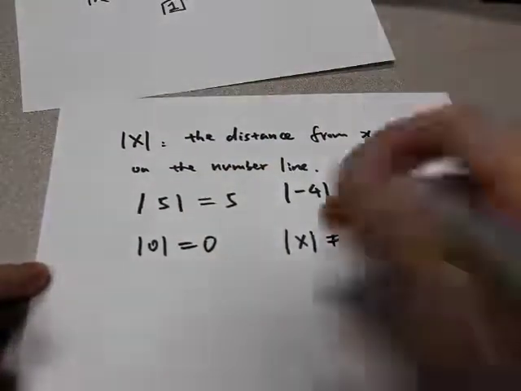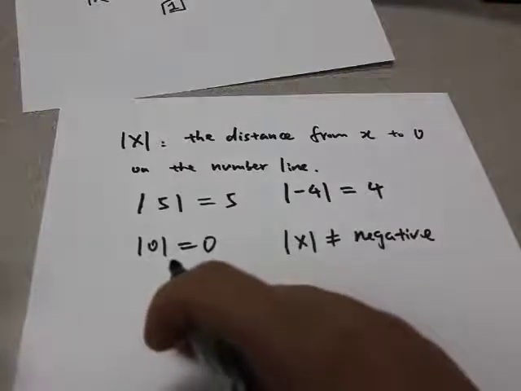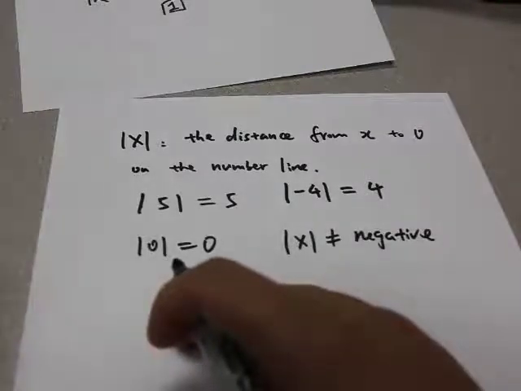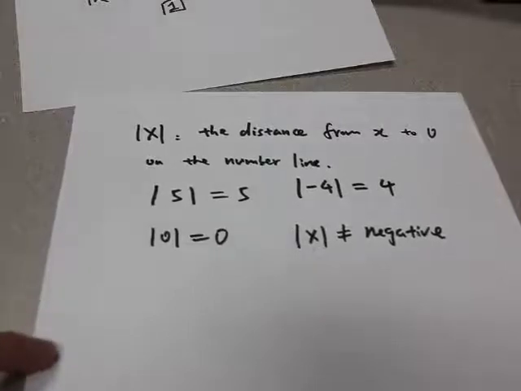So this is how we can understand the absolute value from the graph, using the geometric interpretation.